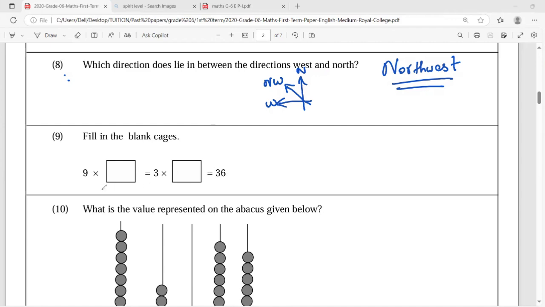This part is 36, and this part is 36, and this part is also 36. So each one has to be 36. So what you have to do? You can do it, you know, 9 into 4 is 36, and 3 into 12 is also 36. So you can do it this way, right?